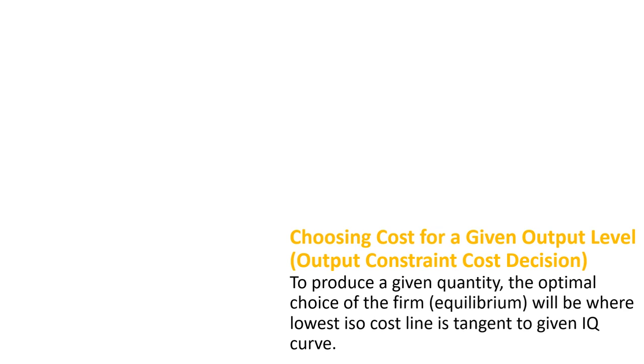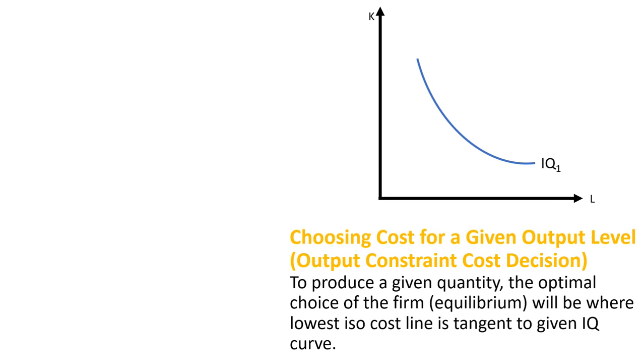Now he can choose various combinations of labor and capital that ensure the production of the commodity in the specified quantity but at minimum cost. The given output is represented by the iso-quant curve named IQ1.